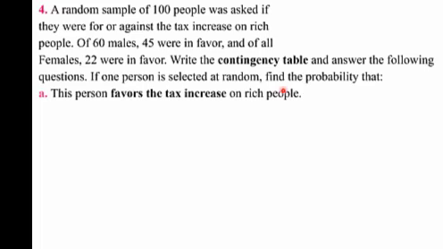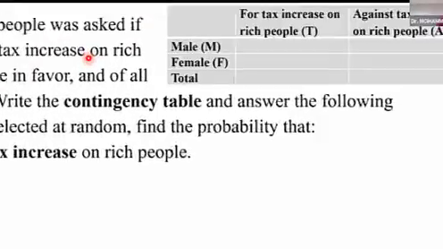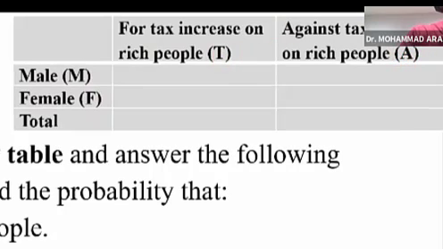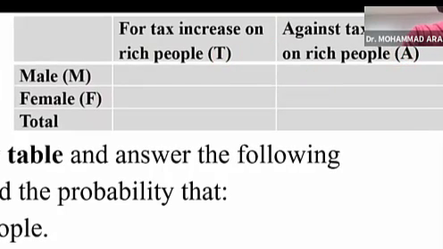In this case, we have 2 columns and 2 rows because we have males and females, as well as those who are for and against it. And then we add a row and column for total. So you need to do that. And what I do here, male M, female F, for tax T, against it A, and let's enter those values.